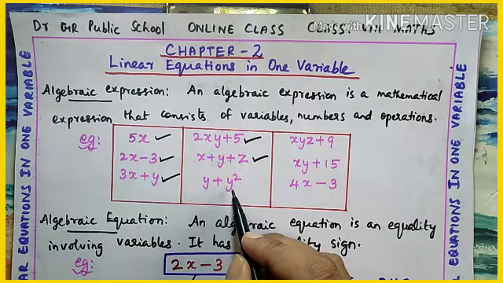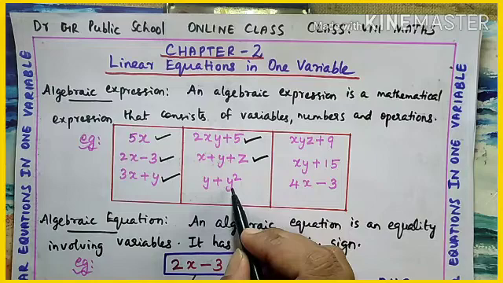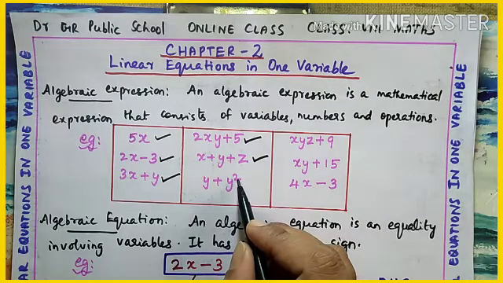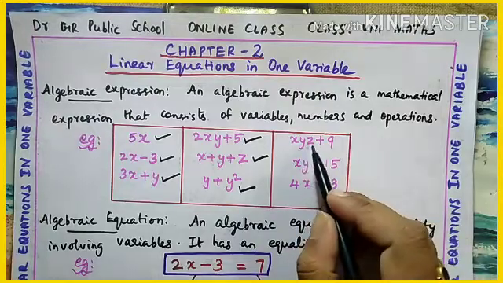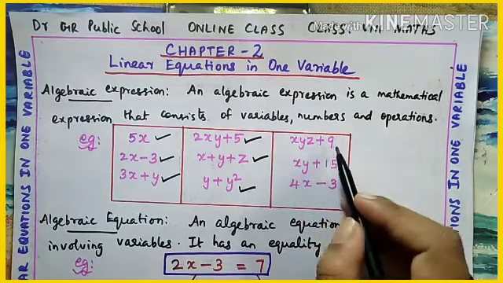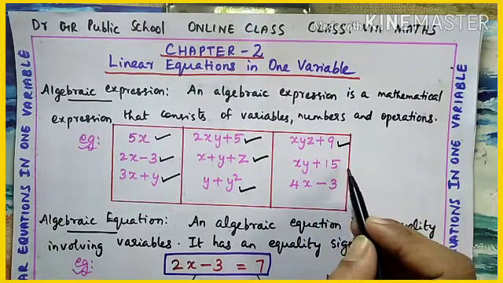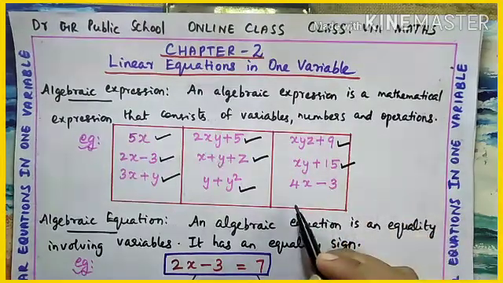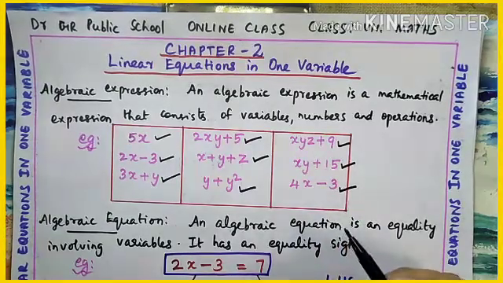Here y is a variable, and this is also a variable but the power is 2. Anyways, this is an algebraic expression. xyz plus 9. Here also you can see three variables. xy plus 15. This is also an algebraic expression. 4x minus 3. This is also an algebraic expression.